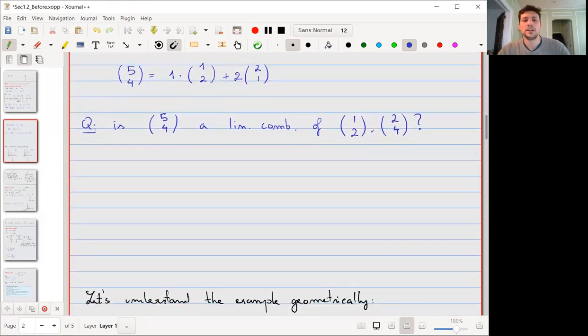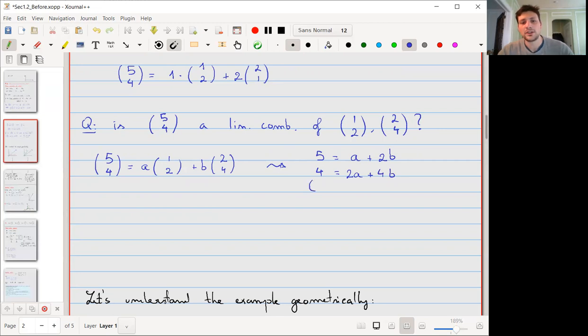Let's try a similar thing, but this time we use different vectors. So this time the question is, can we write 5, 4 as a linear combination of the vectors 1, 2 and 2, 4? Writing this out in equations, entry by entry, we get that 5 has to be equal to a plus 2b, and we get that 4 has to be equal to 2a plus 4b.